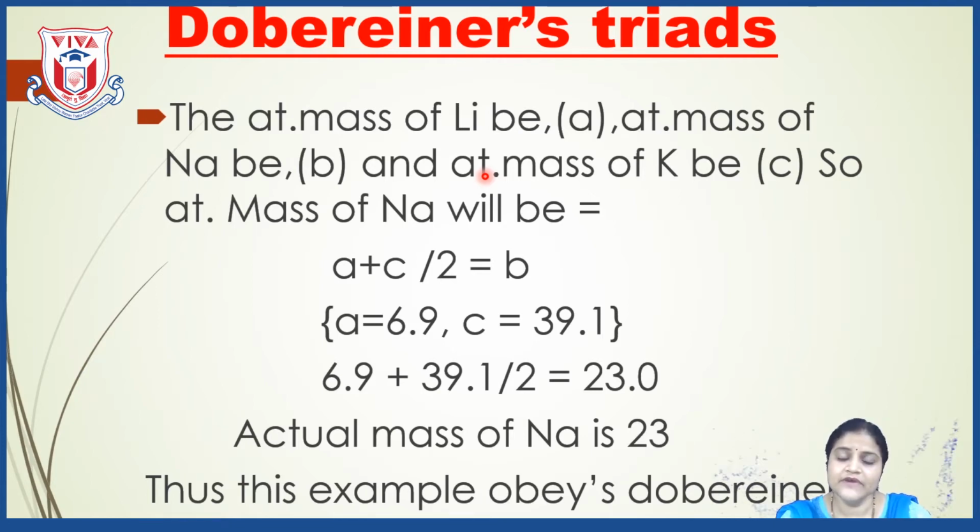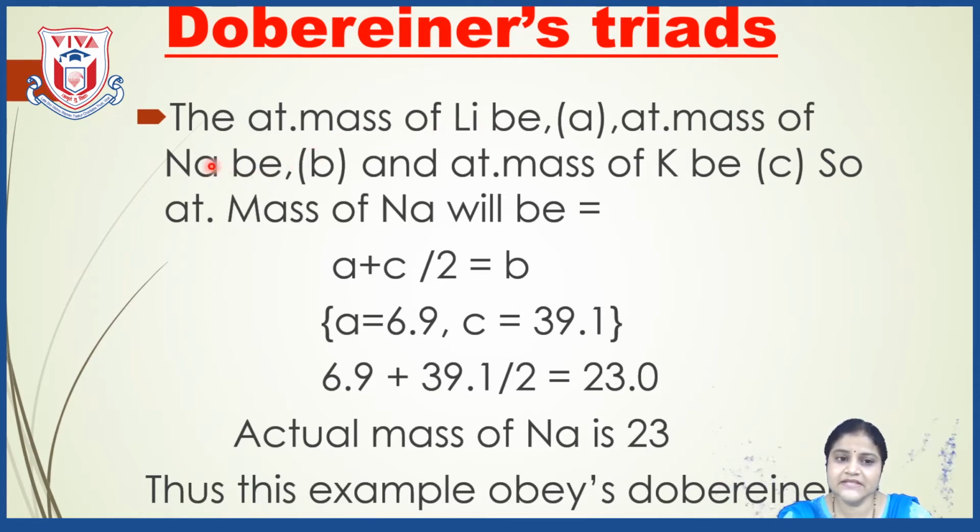Next, one more thing he noticed: the atomic mass of the middle element is equal to the average of the atomic masses of the first and the third element. As this related only to three elements, he named his law Dobereiner's Law of Triads.